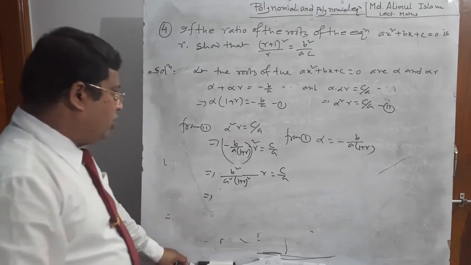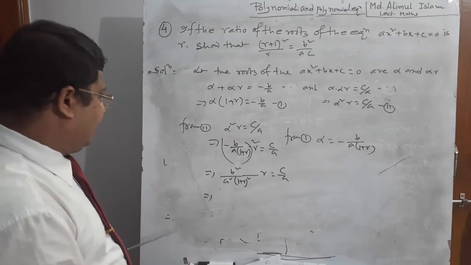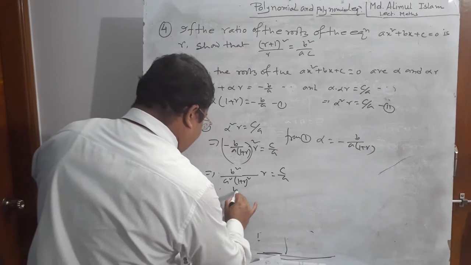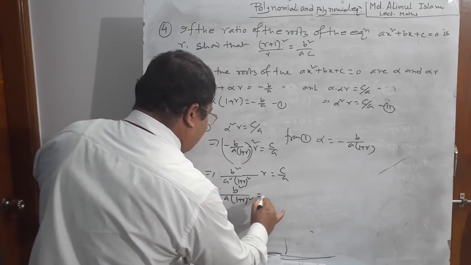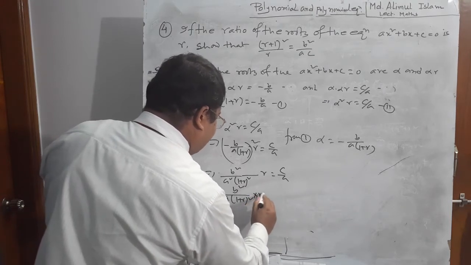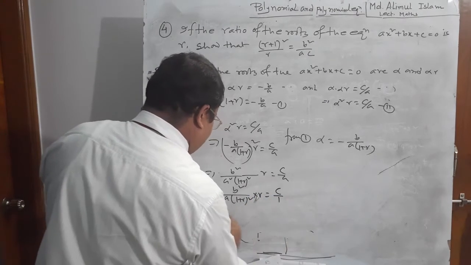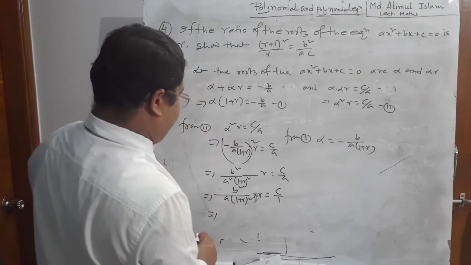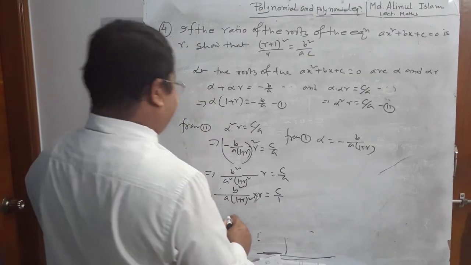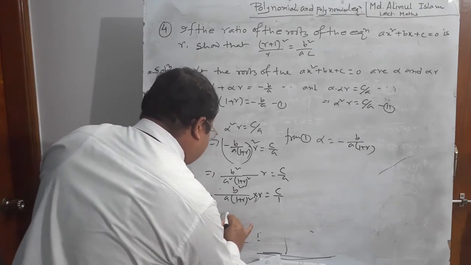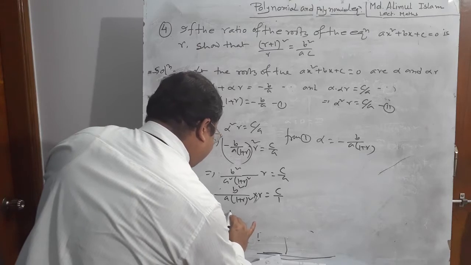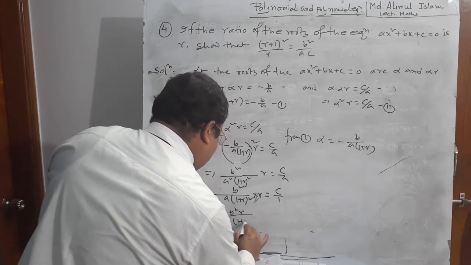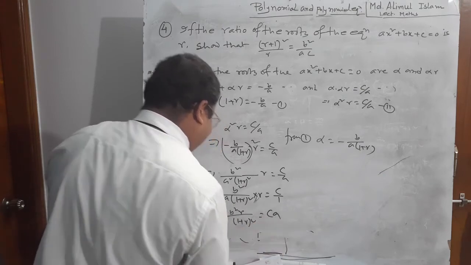From the denominator you can easily cancel a. b square by a is equal to 1 plus r whole square into r by c. Then you do the cross multiplication, b square by 1 plus r whole square is equal to ca.